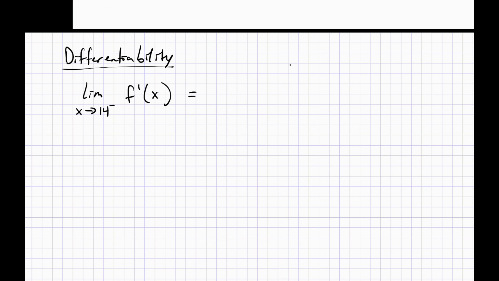We're trying to see what the limit is as it gets closer and closer to 14. And then we have to check that with the limit from the other side. The limit as x approaches 14 from the right, not for f of x again, for the derivative.